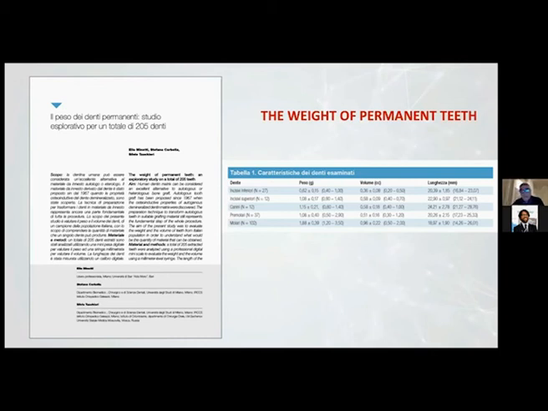Sometimes, if you remove a molar, for example a wisdom tooth, and we need to make a socket preservation, or for periodontal problems, we need only a little part of this tooth. So it's possible to cut the tooth, use only one part, and store the other part for another situation in the same patient.